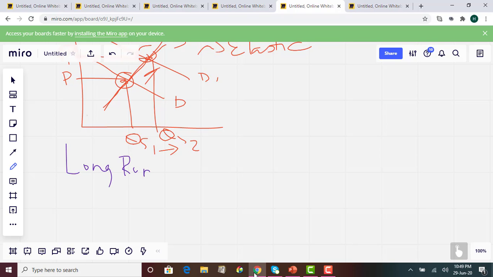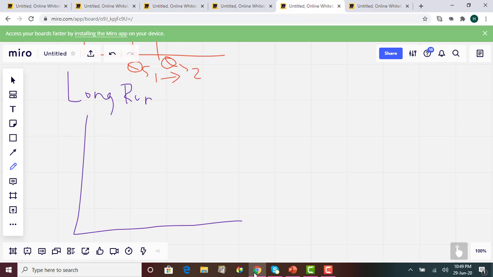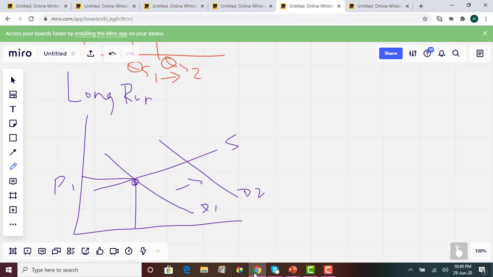Let me show you. It will be less steep. If demand increases from D1 to D2, the price goes up, but look at the extent by which the quantity of supply is increasing. Quantity of supply is increasing by a greater percent.